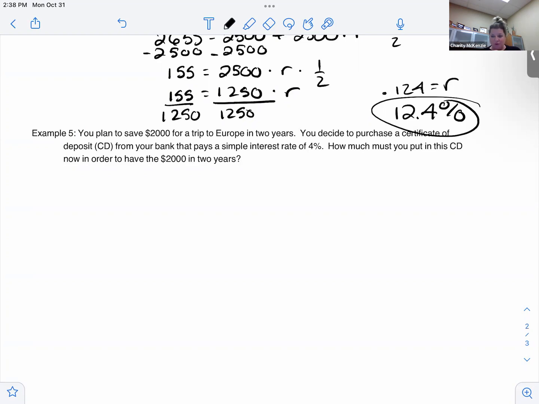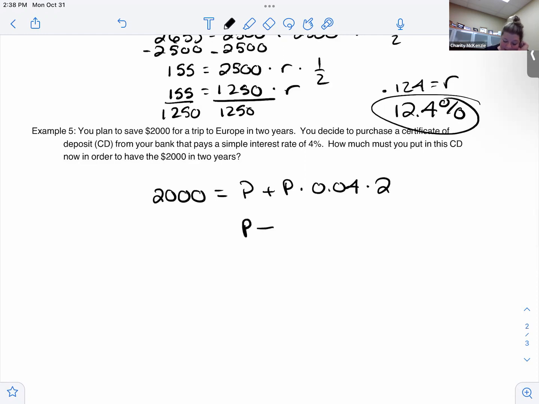So we know our future amount. We want $2,000 in the future. We don't know how much to start with. So P plus P, we don't know, times our rate of 4% times 2 years, right? So we can simplify this a little. 2 times 0.04 is 0.08.